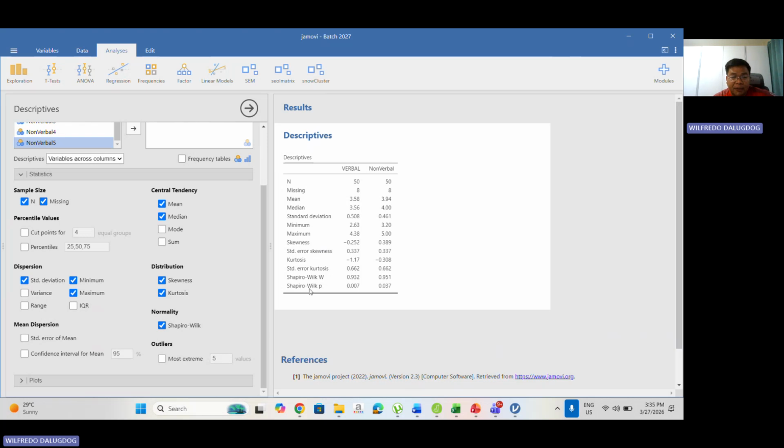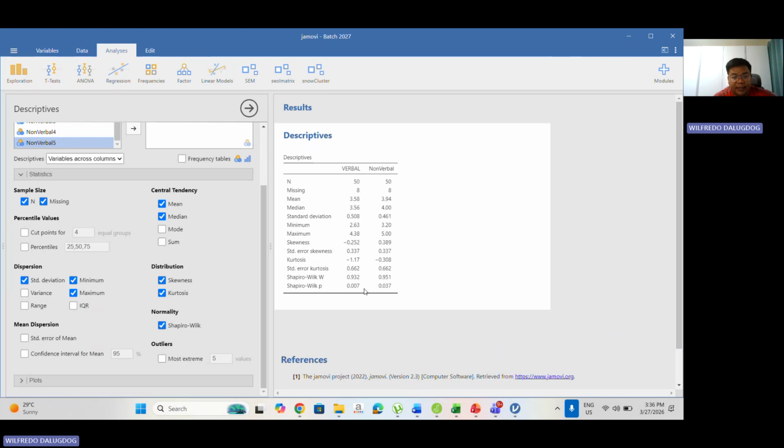And then for you to be able to decide, the p-value of the Shapiro-Wilk test will help you decide if the data is really normally distributed or not.